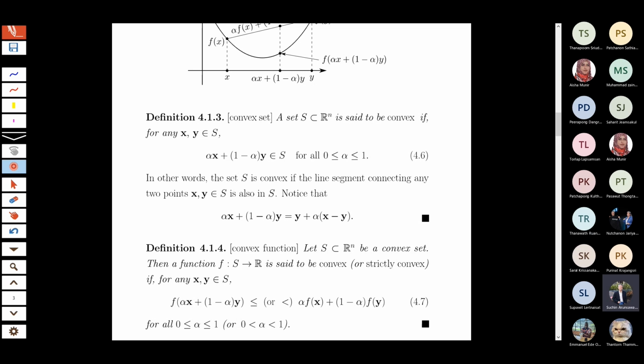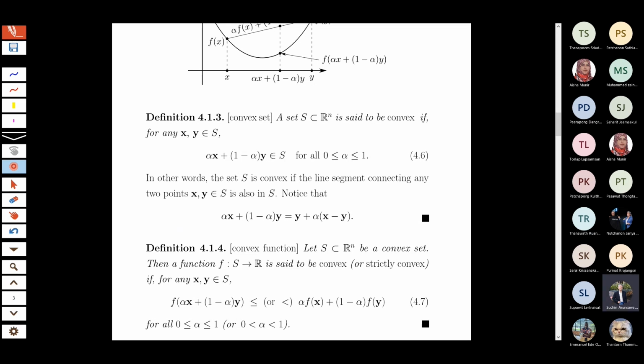So a set S is said to be convex if for any two points x and y in S, condition 4.6 holds.